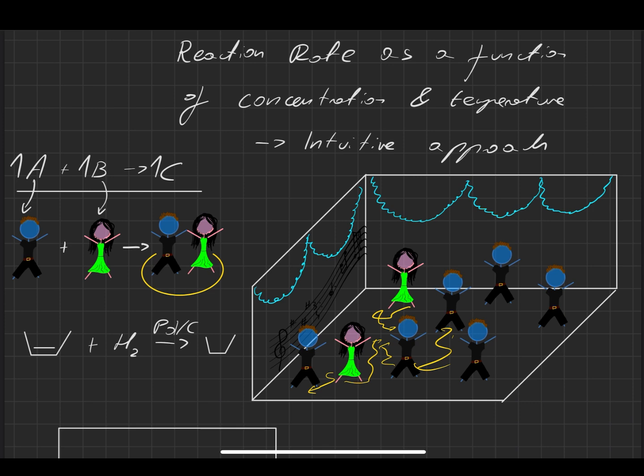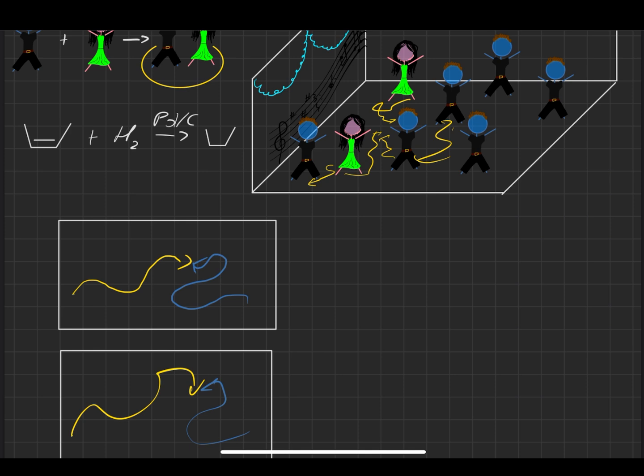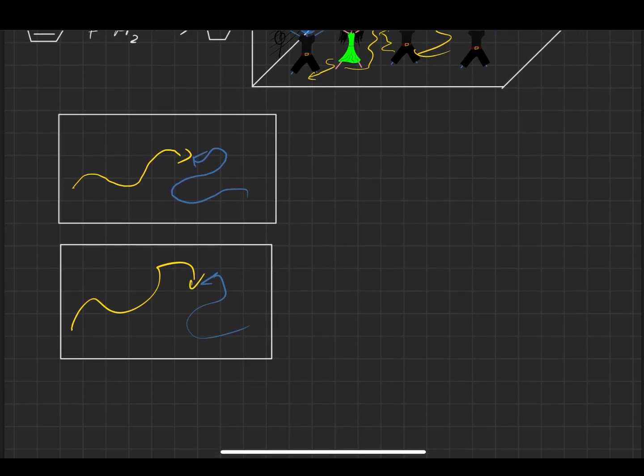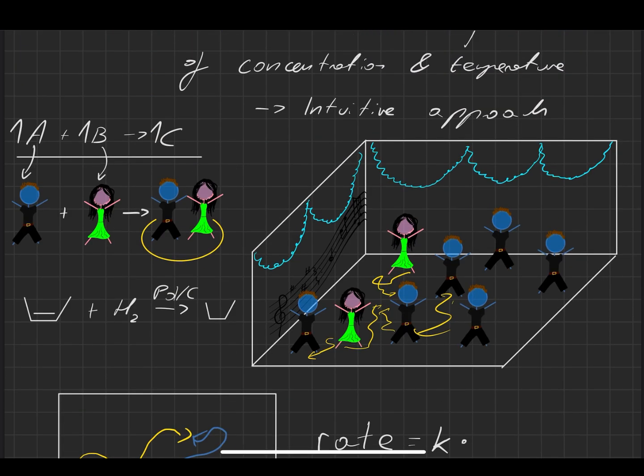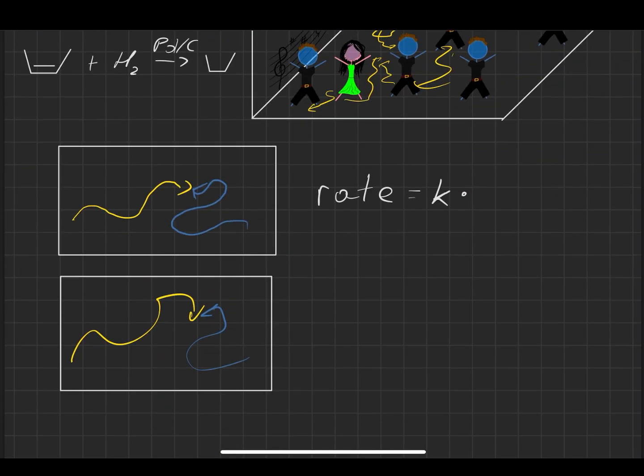So the good question to ask right now would be, how is it encapsulated in mathematics? We, in chemistry and chemical engineering, love to portray things in a mathematical manner, and this is all captured in one simple equation, that the rate is going to be the rate constant times the concentration of the first reagent.